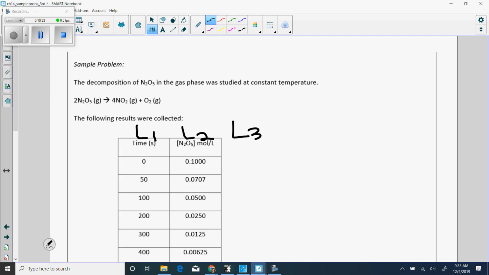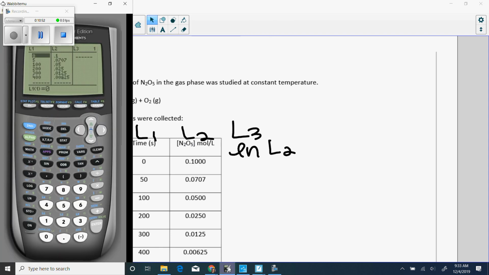In order to make the pink graph, we need our y-axis to be natural log of concentration. So our list 3 is going to be the natural log of list 2, because I want the natural log of the concentration. If that's not ringing a bell, scooch over and up.